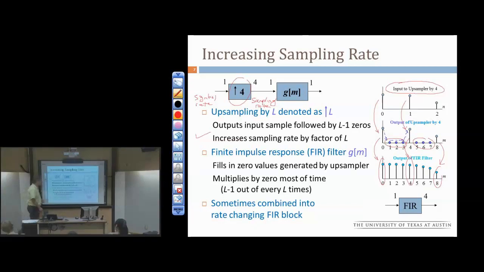Because what happens is if I look at the output of this one, it's going to be this upsampled signal filtered, right? So I'm going to take the output of the upsampler and I'm going to filter it. So I'm going to convolve the two.